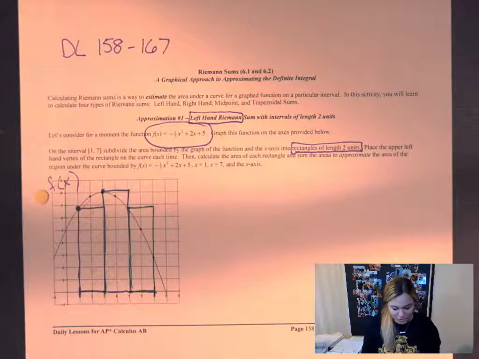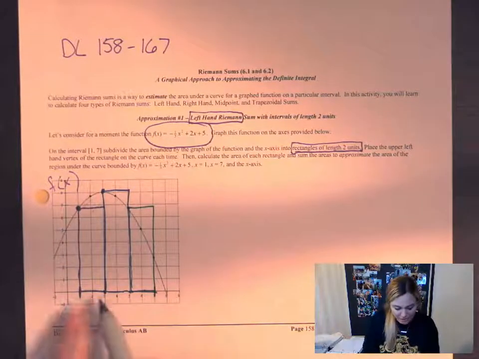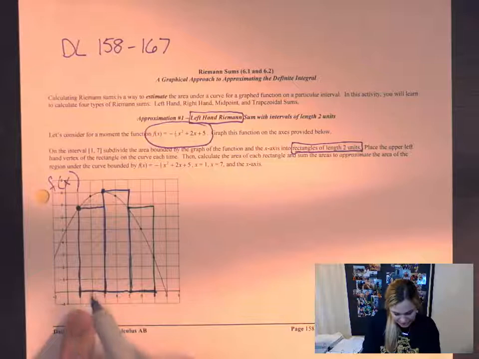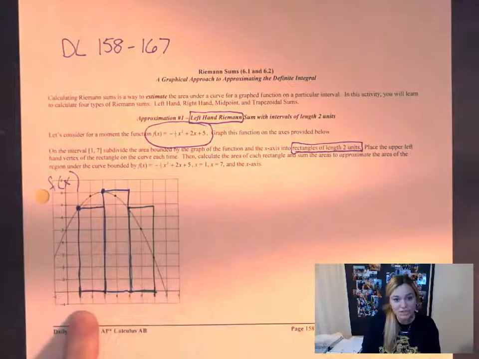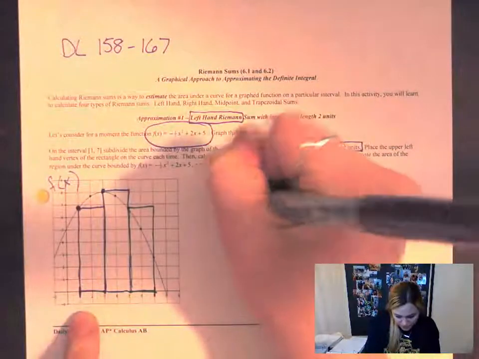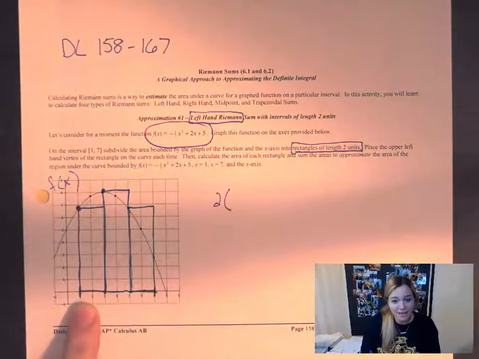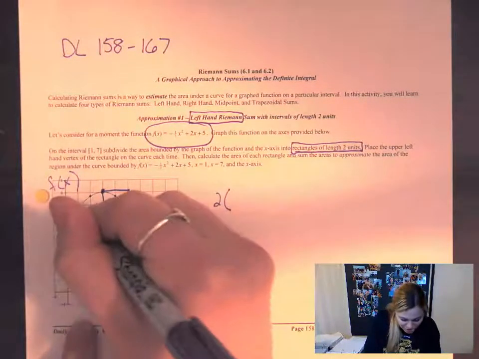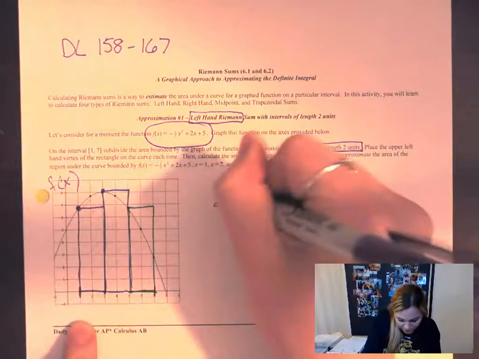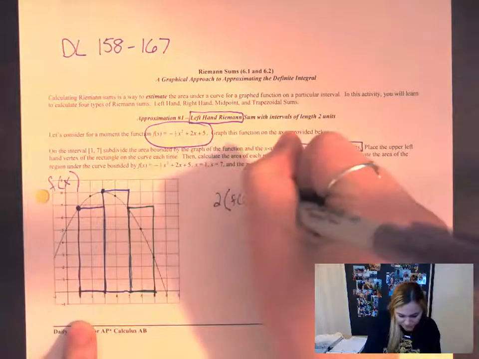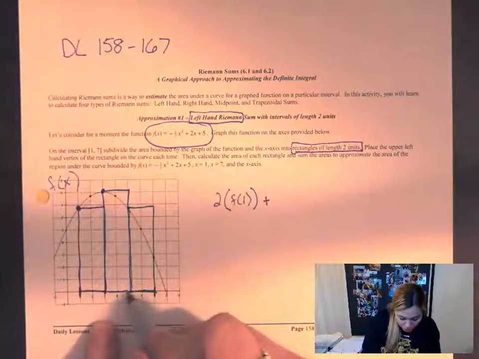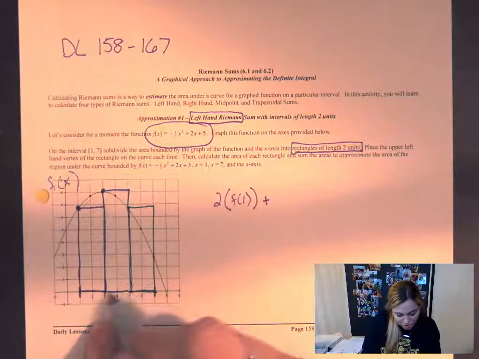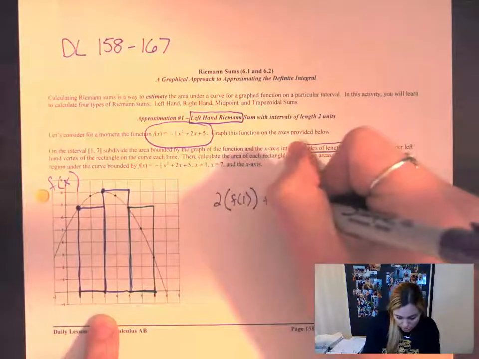And the way that I'm going to do that is I'm going to say, well, this would be the length times the height, or you could say the base times the height. This is just 2. My height is going to be whatever my function value is at 1. In the next one, my width or my base, or whatever you want to call this, is 2.